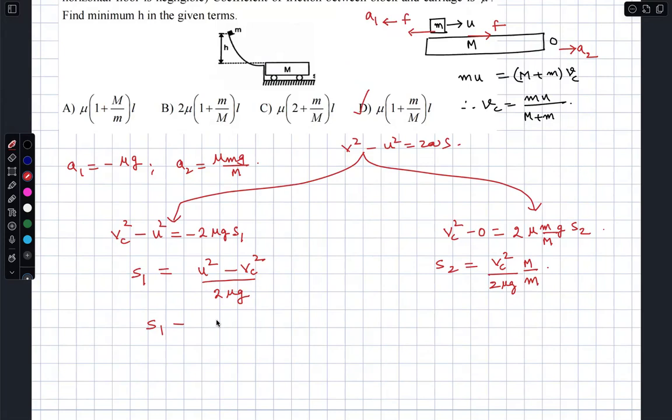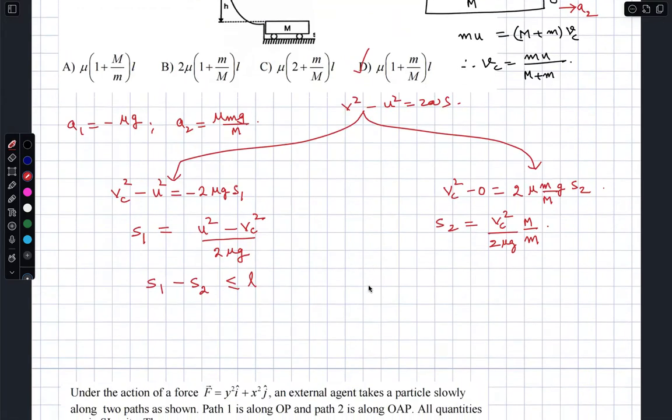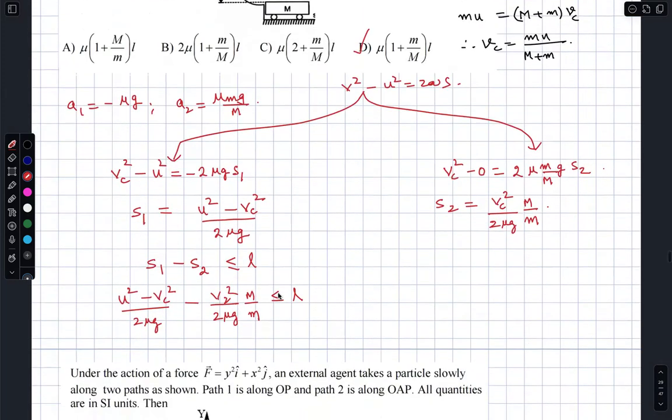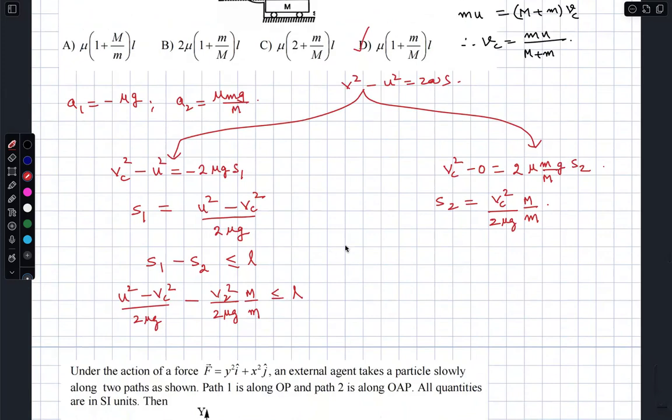So S1 minus S2 must be less than or equal to L. That's the condition, which means U square minus VC square by 2 mu G minus VC square by 2 mu G times capital M by small m is less than or equal to L. Actually, what they are asking is mu only. Now you just solve this, you'll get the answer.